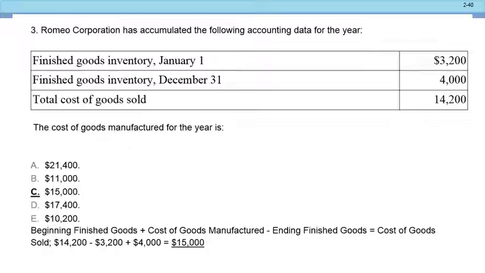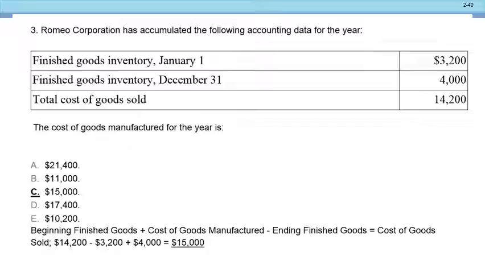So I must have had a subtotal of 18,200 before I could subtract the 14,200 to end up with the 4,000, right? And now this is a piece of cake. If I started out with 3,200, how much did I add, which is my cost of goods manufactured? I must have added 15,000, right?